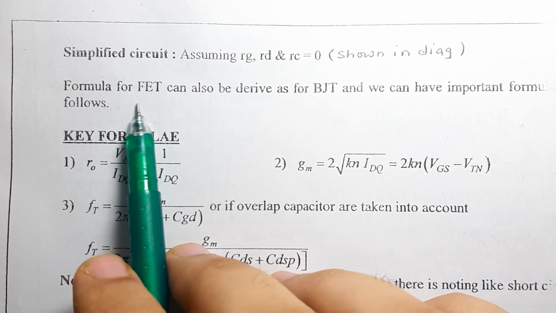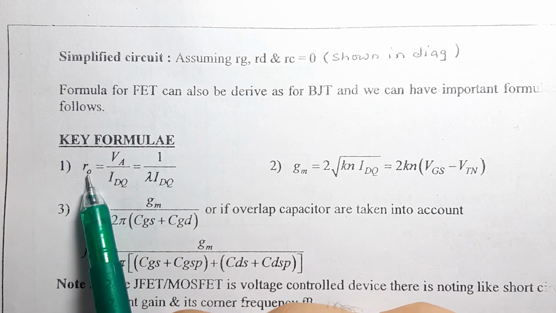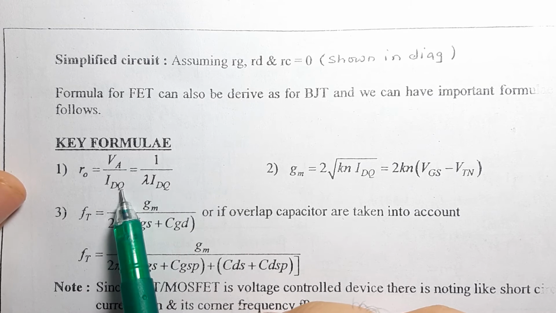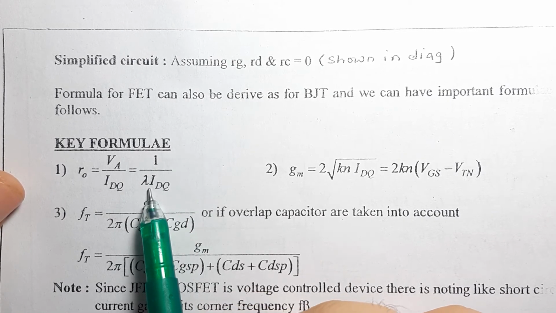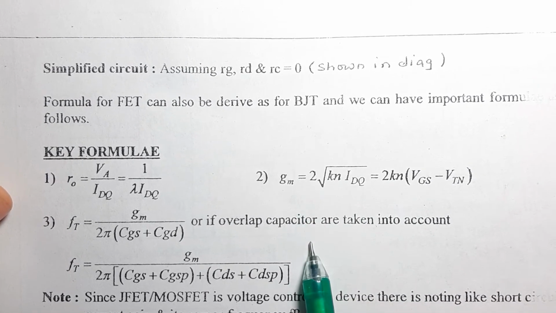So the formulas for FET can also be derived as for BJT. We can have important formulas as follows. RO is equal to VA upon IDQ, which is equal to 1 upon lambda into IDQ. Your GM is again given by the same expression that we had seen previously.